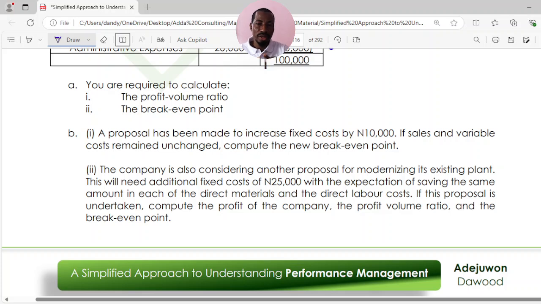This is very straightforward. What the examiner is simply saying here is that there's a proposal for modernizing existing plants of the company. This proposal will require additional fixed cost of 25,000 naira. If we incur the fixed cost of 25,000 naira, then we can save the same amount on direct material and direct labor, which means that direct material will reduce by 25,000. Direct labor will also reduce by 25,000.